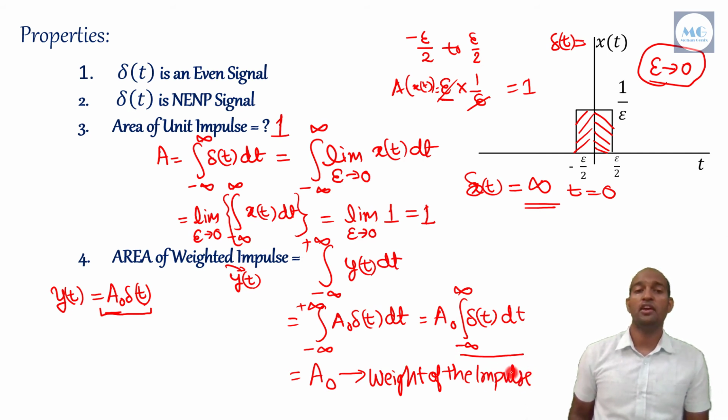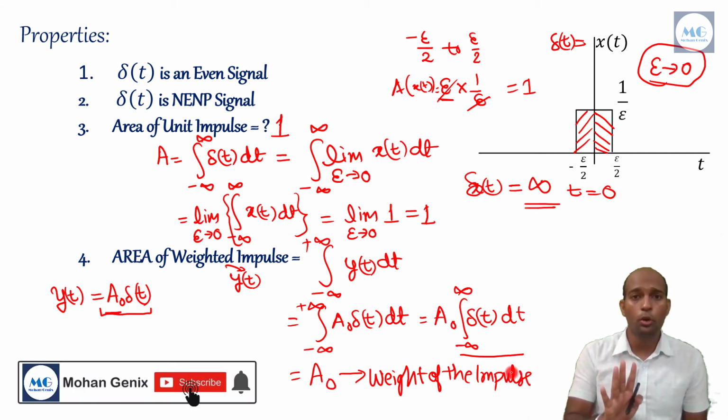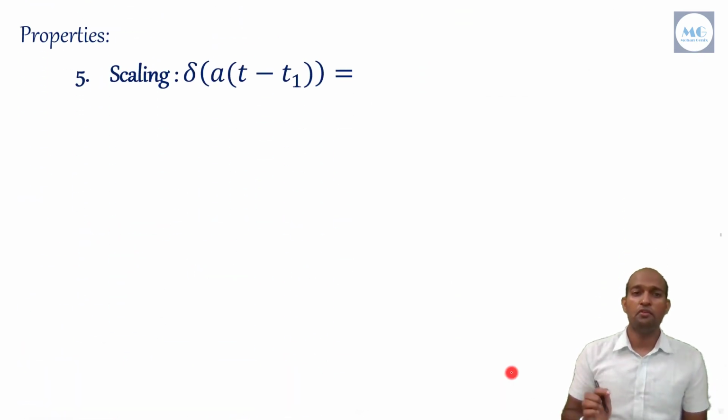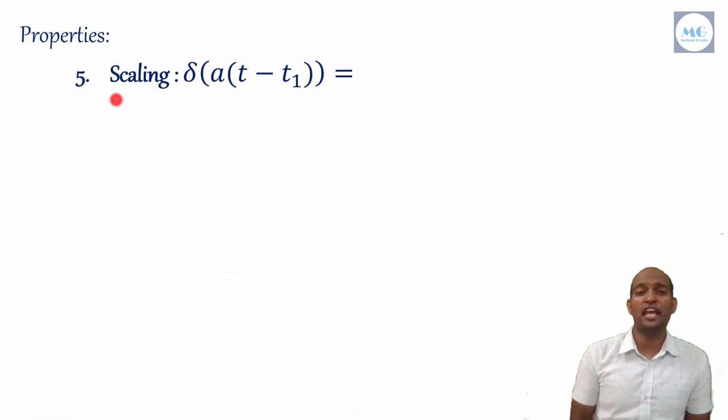So in this way, we have understood these four properties. Now let's move on to the next property, which is scaling of any impulse signal. I will give you the formula: δ(at minus t0) will be 1 by mod a. Remember this, mod a.